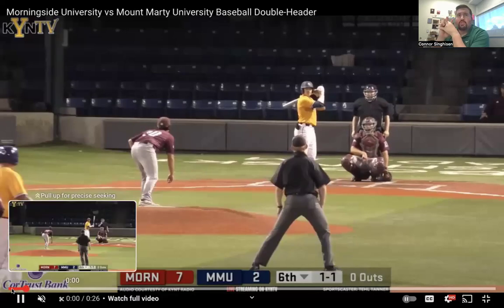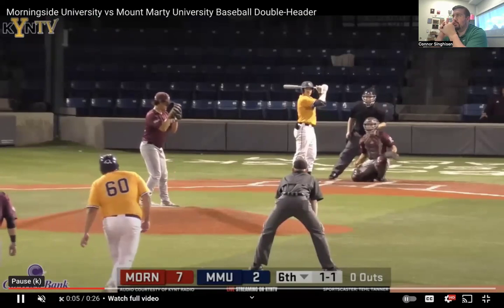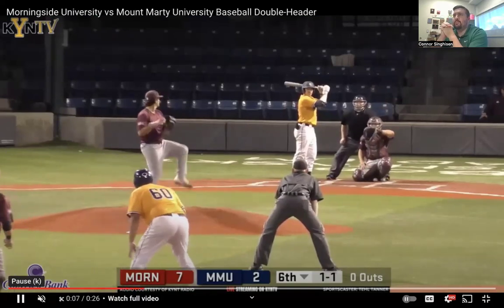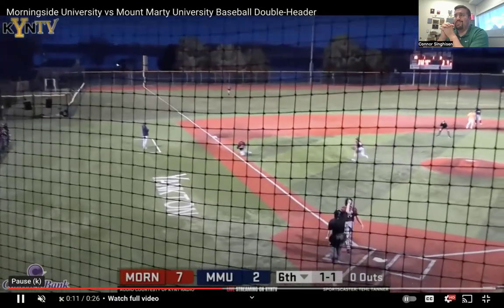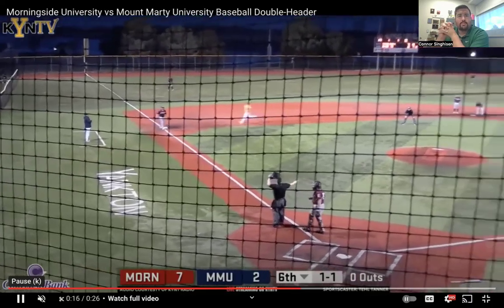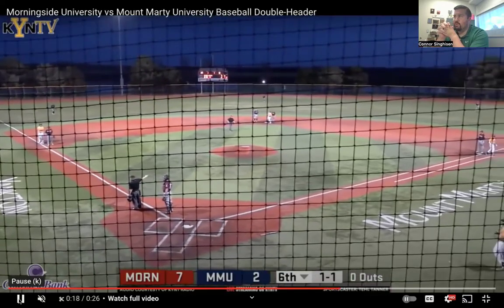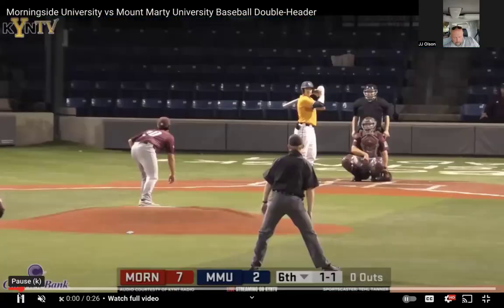There are much bigger mistakes we can make in a game of baseball as an umpire than this. Does it hurt the offense? Yeah, it does. They'd have bases loaded on this if we don't call it.